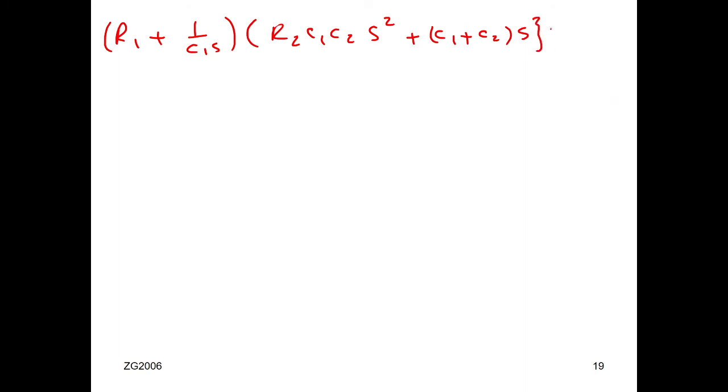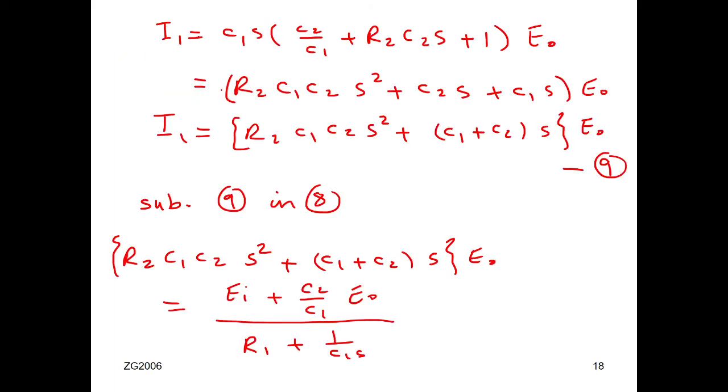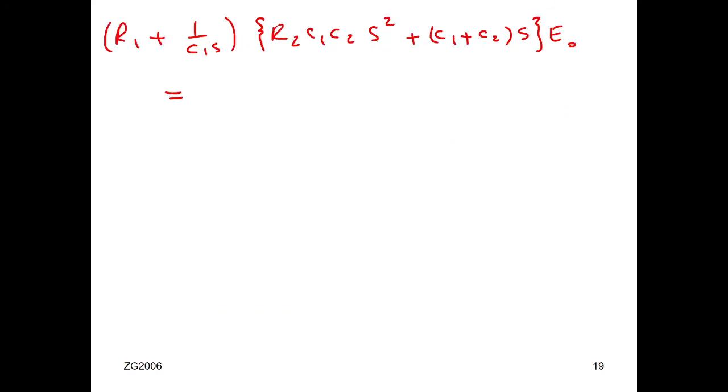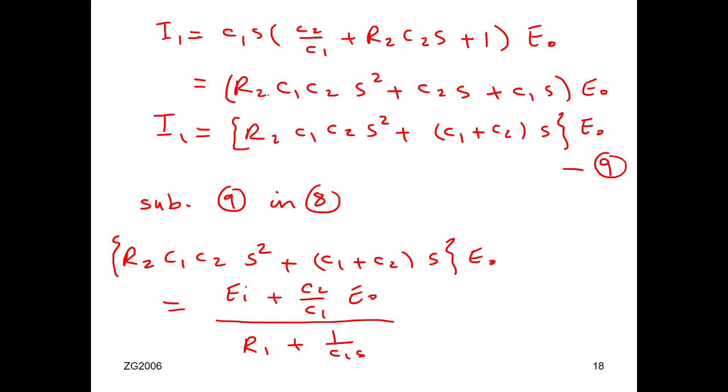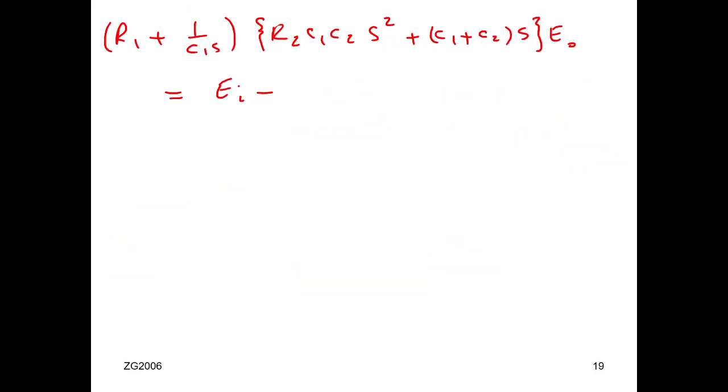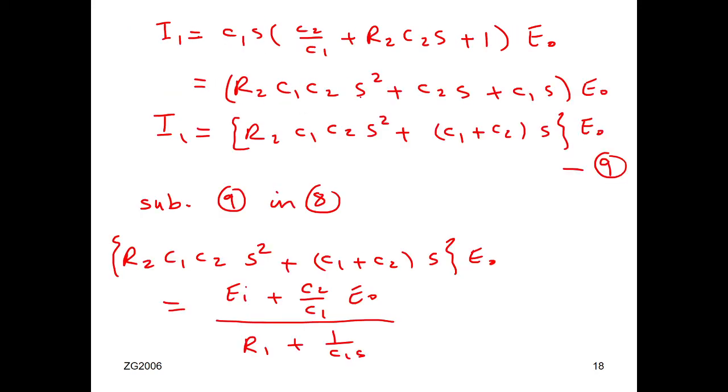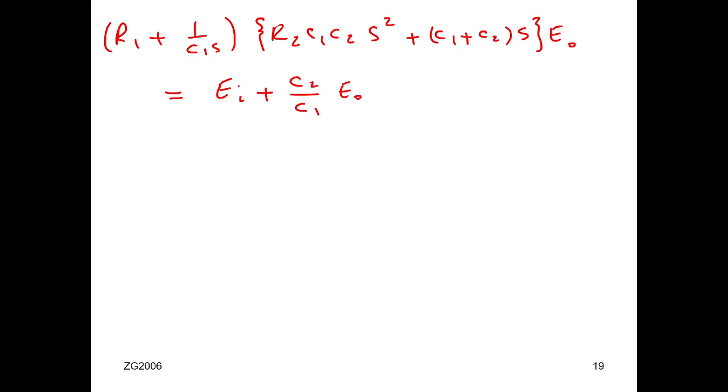Is it correct? Yes. Okay, so for this one I'm going to use the other one, this one. Equal to EI plus C2 over C1 E out. Correct? Yes.